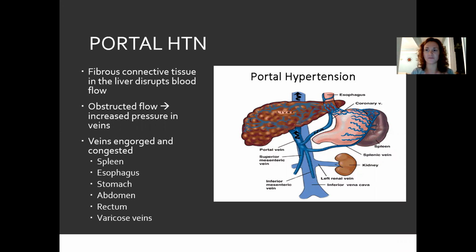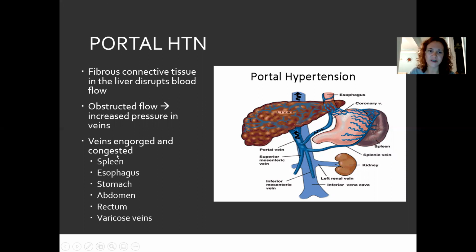And we talked about this: obstructive flow will increase pressure in veins, and those veins are in the spleen, esophagus, stomach, abdomen, rectum, and varicose veins. So we're literally going to see this displayed in multiple different organs.